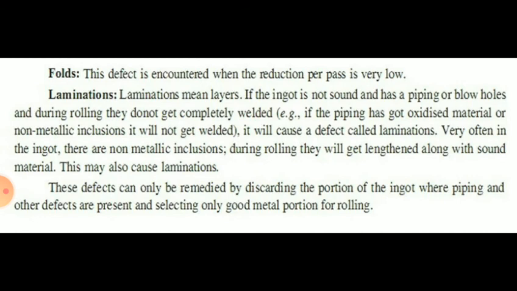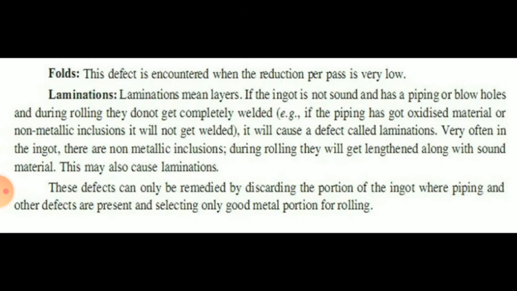It will cause a defect called laminations. Very often in the ingot there are non-metallic inclusions. During rolling they will get lengthened along with sound material, so this may cause laminations.